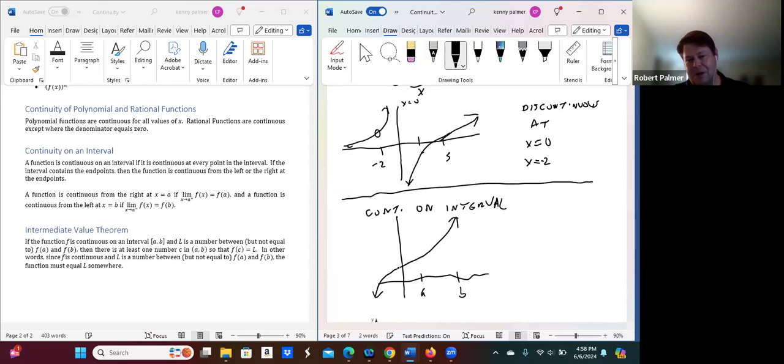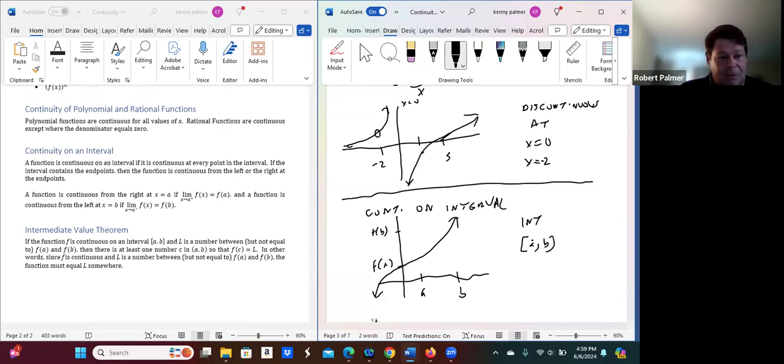So here is, of course, f of A, and then here is f of B. Now, on an interval A to B, we're just talking about this part of the function right here. It may go on forever in both directions, but what we care about is the interval here, A and B, which may or may not include the endpoints, depending on the situation.